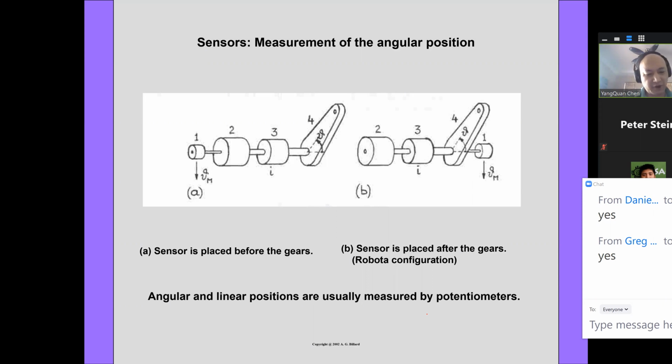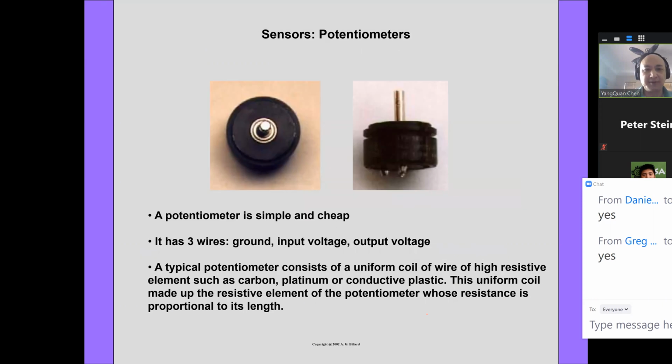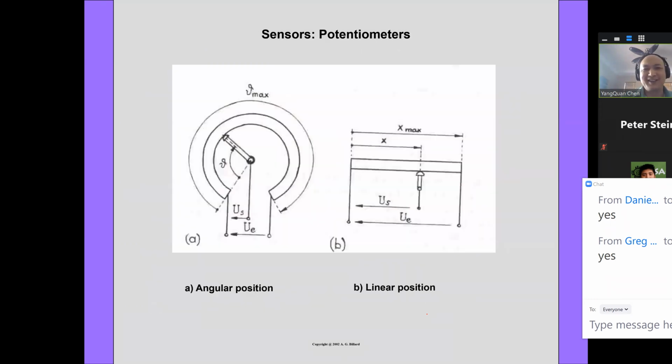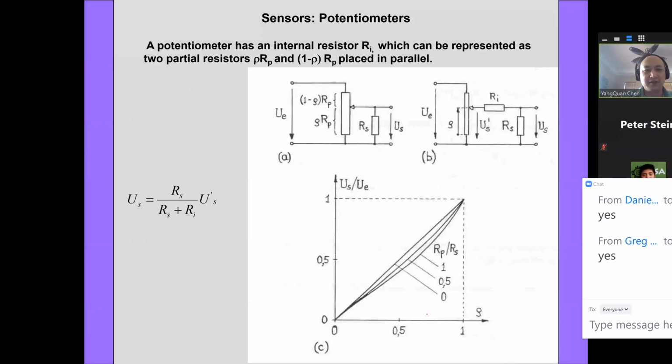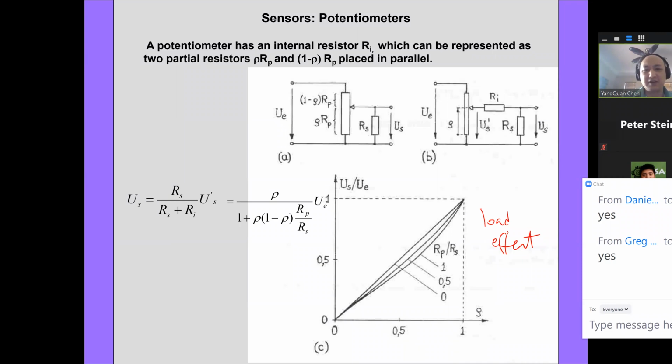If you have full rotation, you usually use an optical shaft encoder. This is a typical potentiometer. Then we talked about potentiometers for linear versus rotational, and we have seen something called the load effect. We have seen this before.